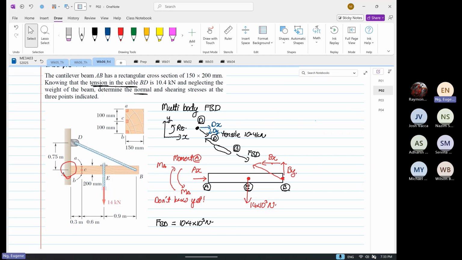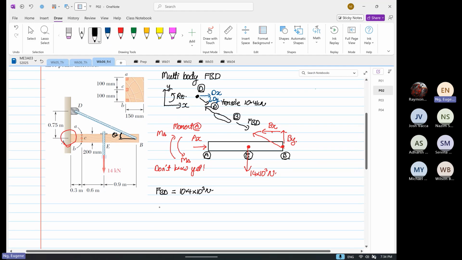So we have to find this angle now. And this angle is going to be theta, right? So the angle theta is based from here to here. Okay.